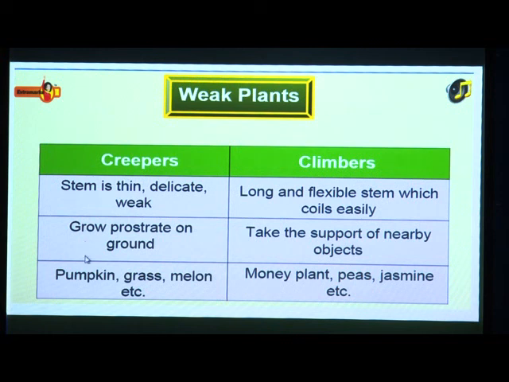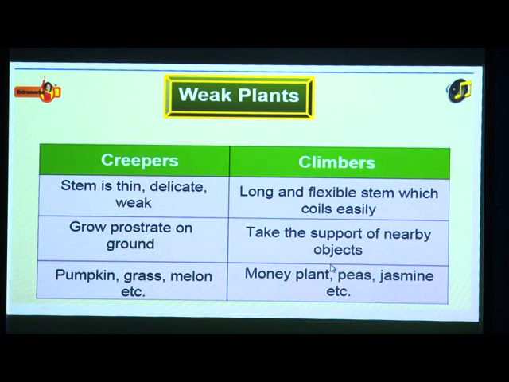Creepers grow prostrate on the ground. It means it cannot climb, as the stem is thin and delicate, so it grows on the ground. Climbers take the support of a nearby object.